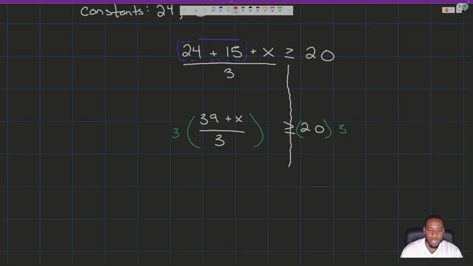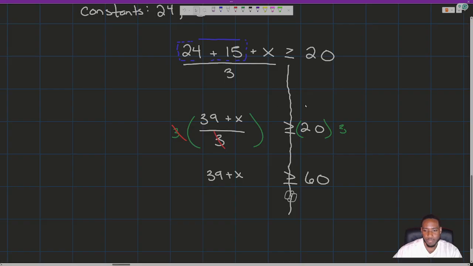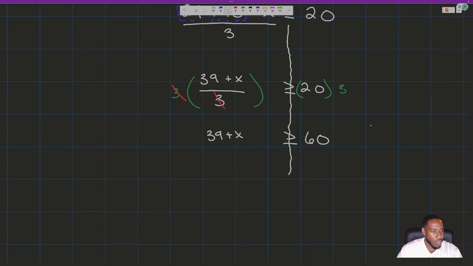On the left, multiplying by the 3 is going to cancel the 3's out. And so you've got 39 plus x. And that's going to be greater than or equal to 20 times 3, which is 60. Now to finish off, all we have to do is subtract 39 from both sides.